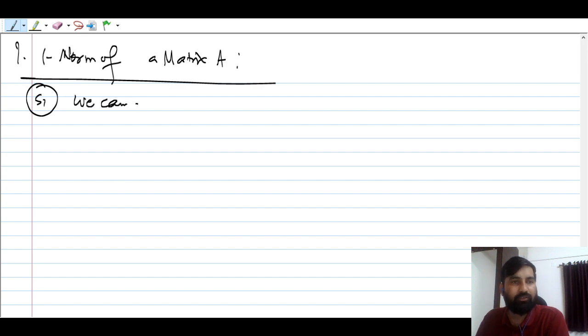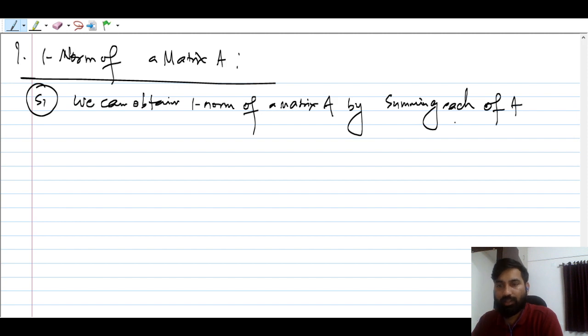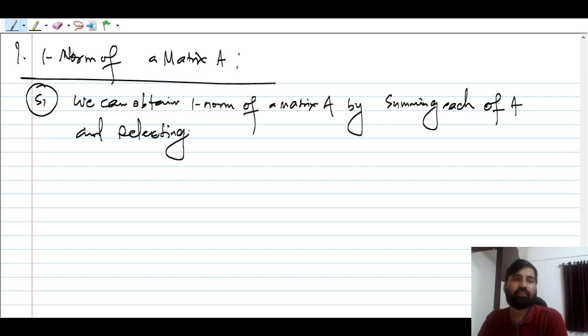We can obtain the one norm of a matrix A by summing each column, तो आपको क्या करना है, जितने भी कॉलम्स इनको ऐड करना है, by summing each column of A, and selecting the maximum.